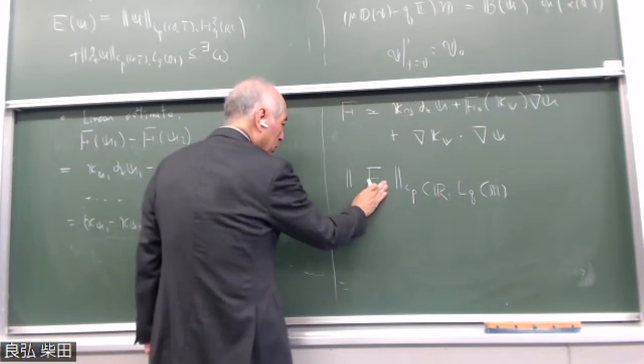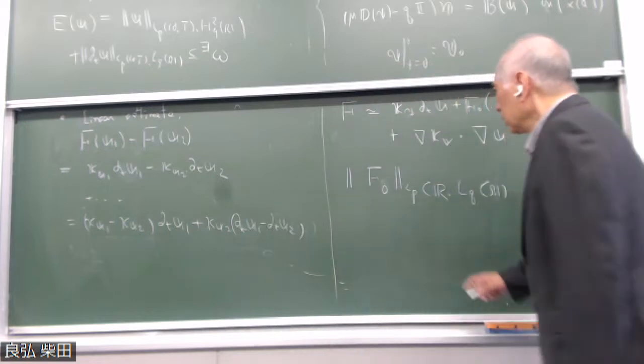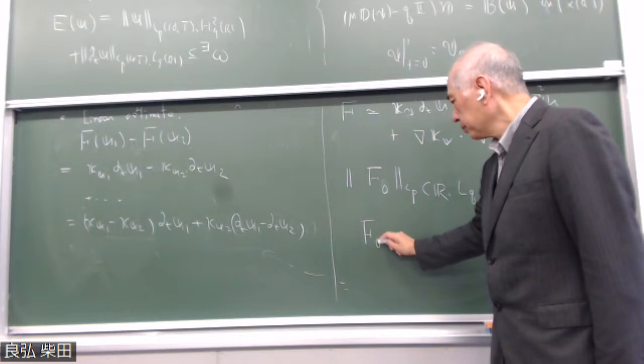Just the zero extension is enough. F_0 is a zero extension.